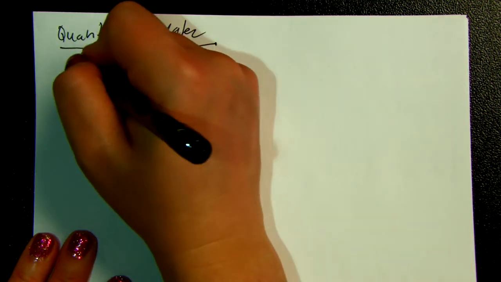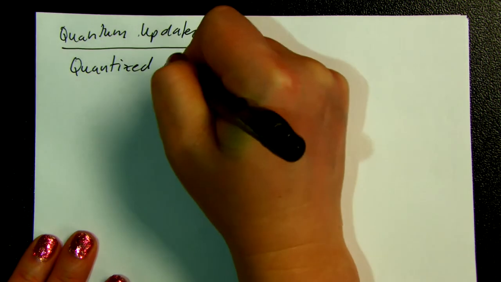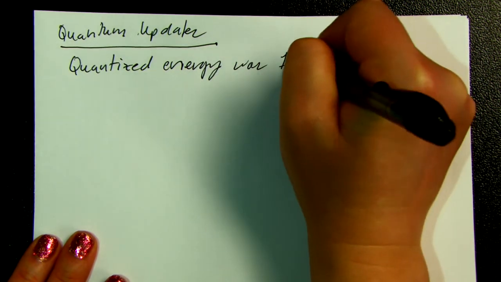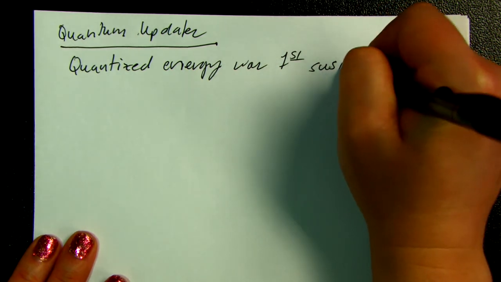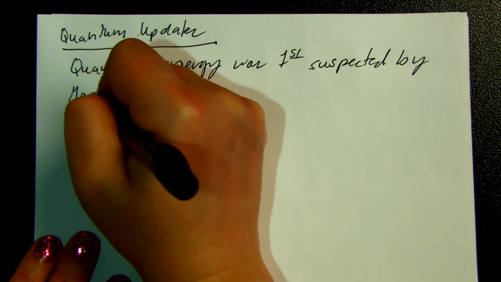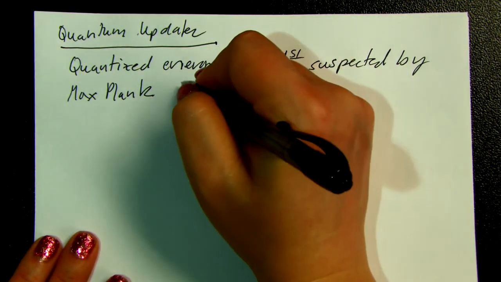Now, quantized energy was first suspected by Max Planck with black body radiation.